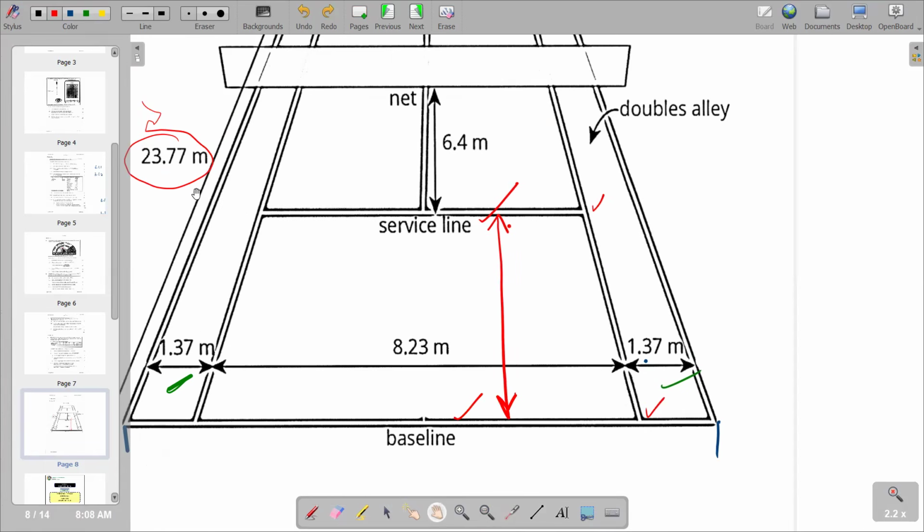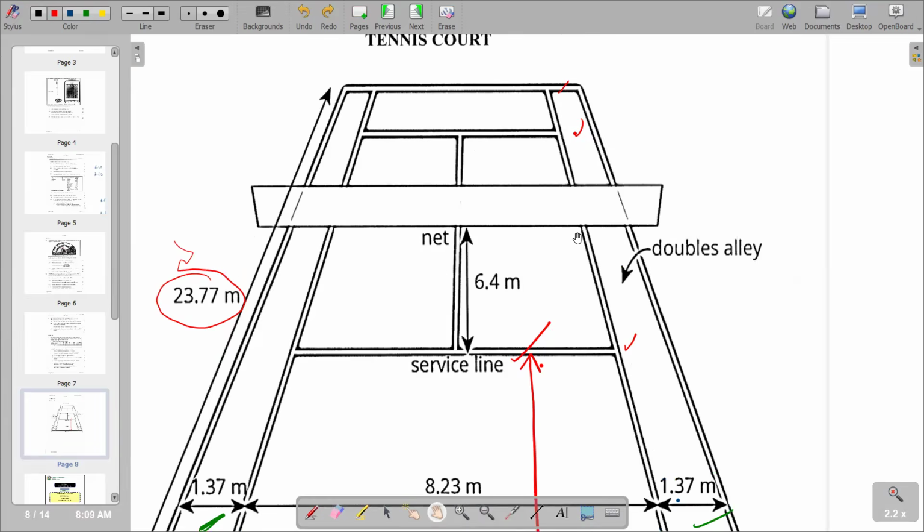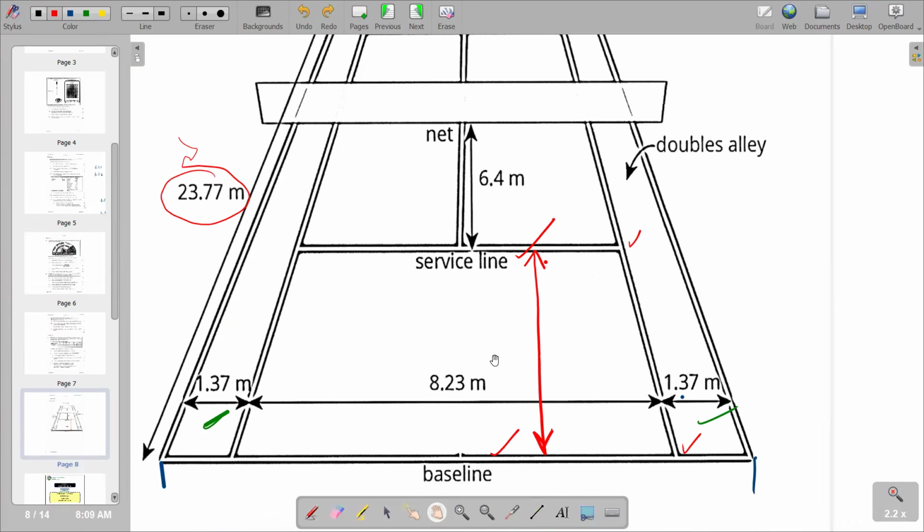So basically, we can say 23.77 meters minus 6.4 meters from here to here. And then what we are left with will be from here to here plus from here to here, of which these two are equal. So we have the remaining, we just divide by 2, and then we get from baseline to service line. So basically, that's what we have.